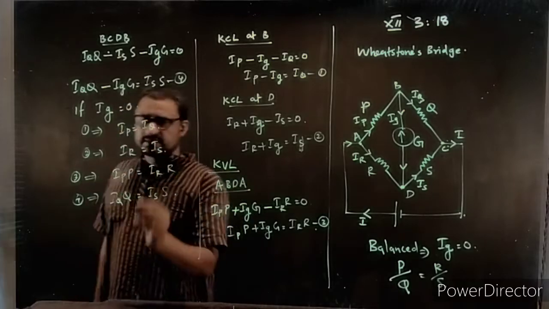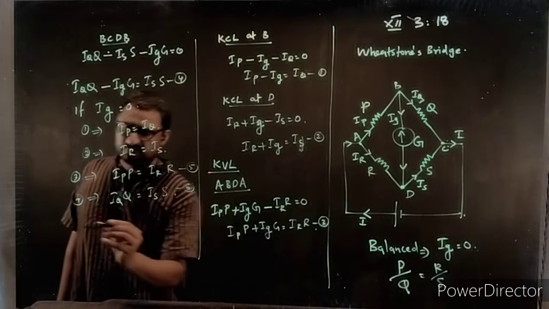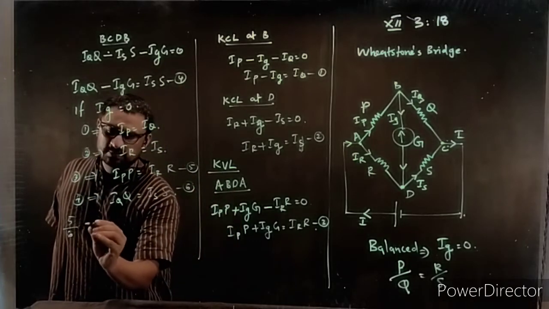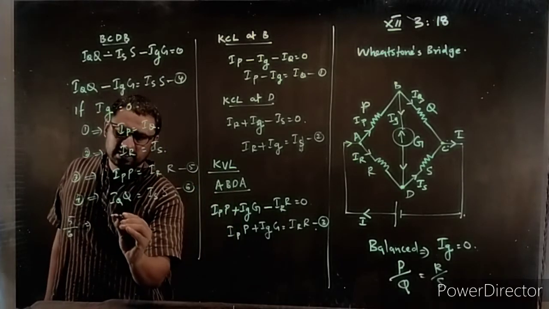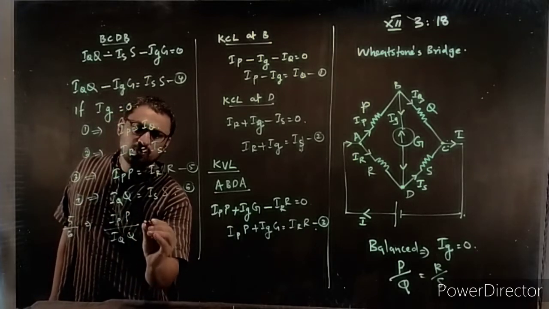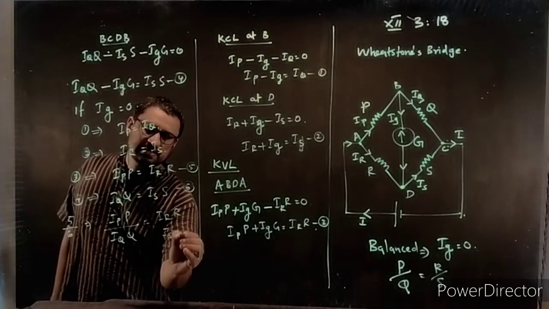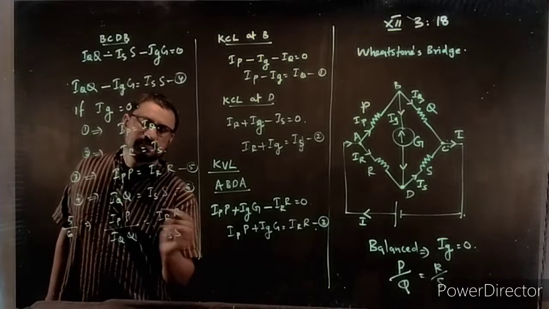Now take this equation as 5 and this equation as 6. If you take 5 by 6, it will give you IPP by IQQ equal to IRR by ISS, isn't it?